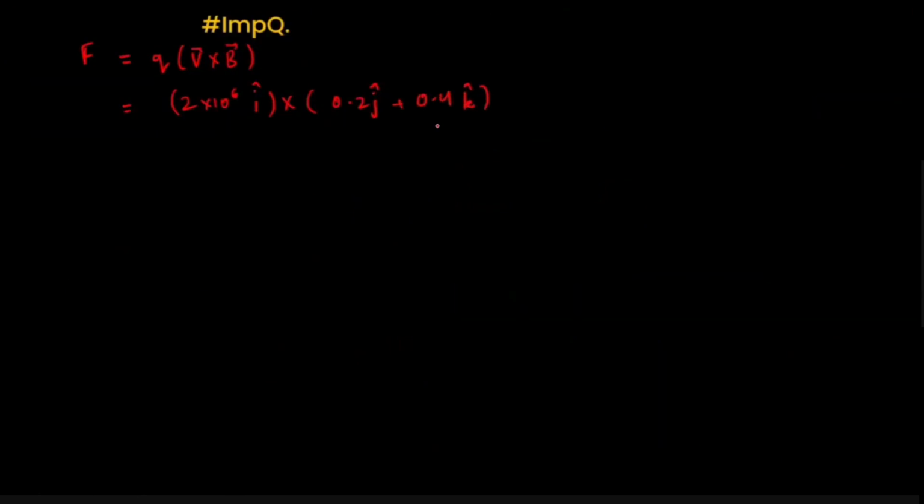When we write it out, the V vector doesn't have any component in the y and z axis, so the velocity vector must be 2 times 10 to the power 6 i cap plus 0 j cap plus 0 k cap. Whereas for the magnetic field vector, it should be 0 i cap plus 0.2 j cap plus 0.4 k cap.